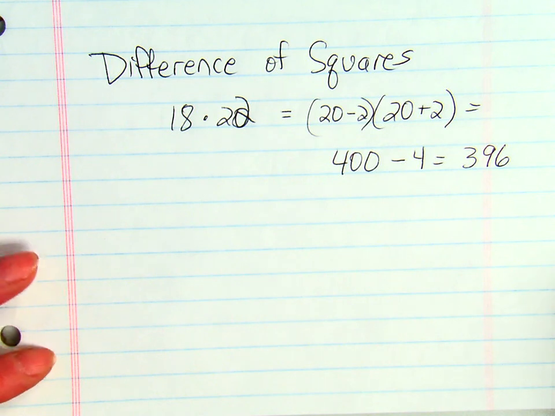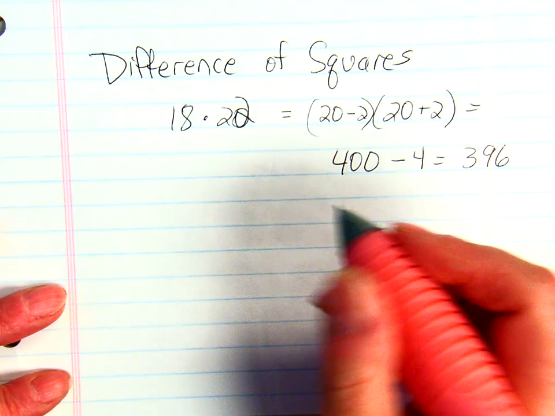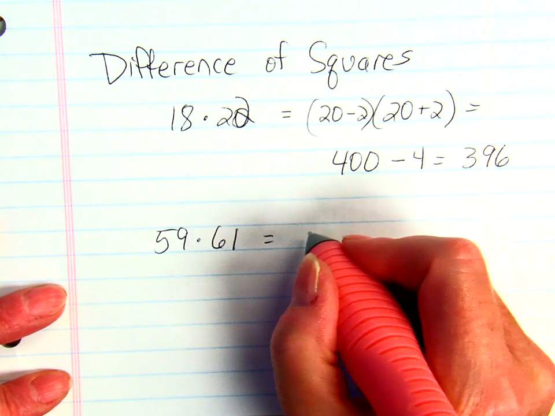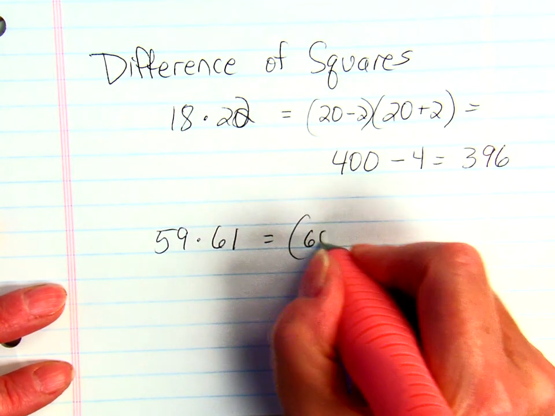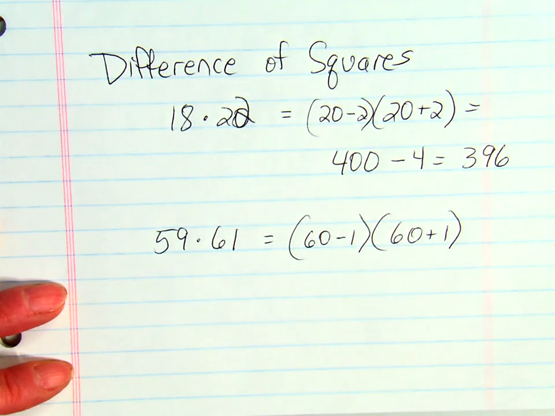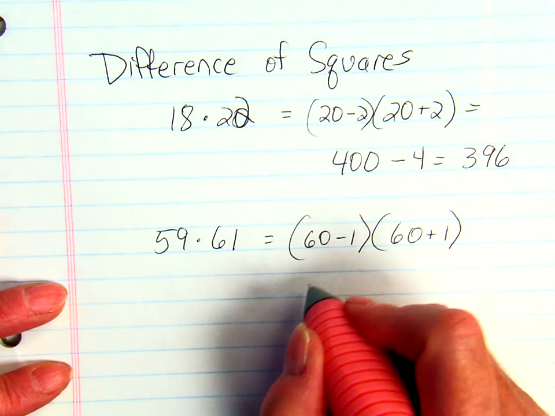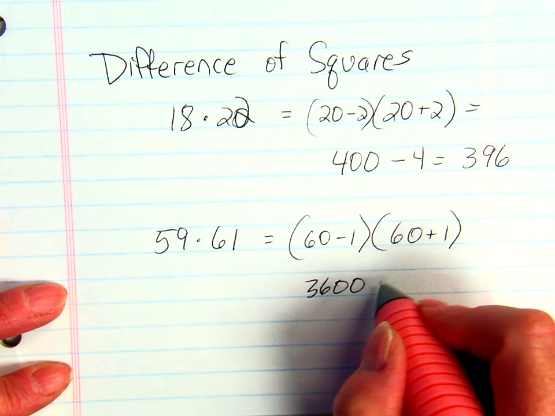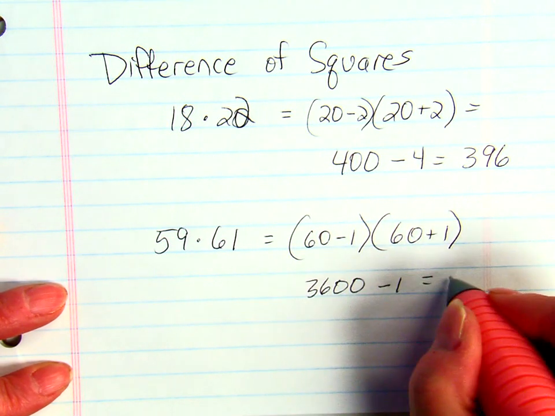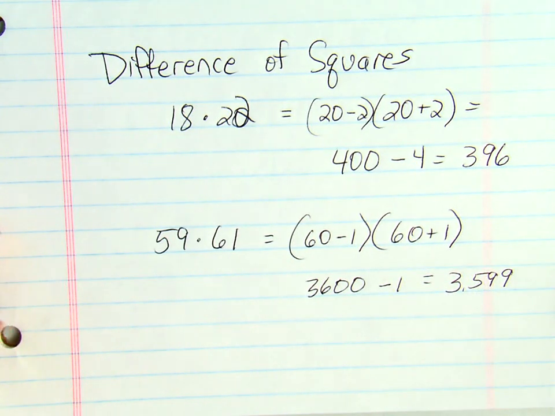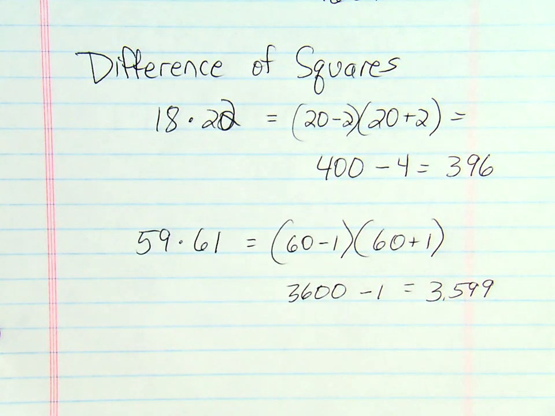Let's try another one. 59 times 61 is equal to 60 minus 1 times 60 plus 1. So 60 times 60 is 3,600, and minus 1 is equal to 3,599. Okay, so I think that gives you a really good idea of how we can use these pretty easily.